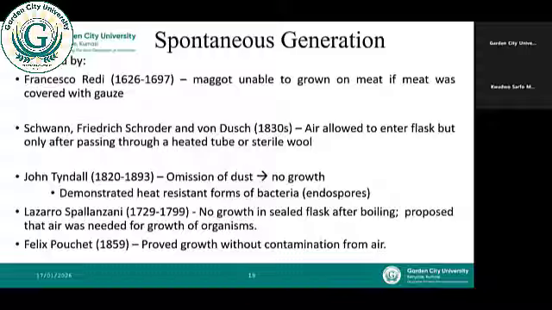Once you prevent the vectors from getting access to the meat, they are not able to lay their eggs, and then you don't have contamination or maggots coming out. Dust also contains microorganisms. So once you take care of the dust, you get rid of these microorganisms.